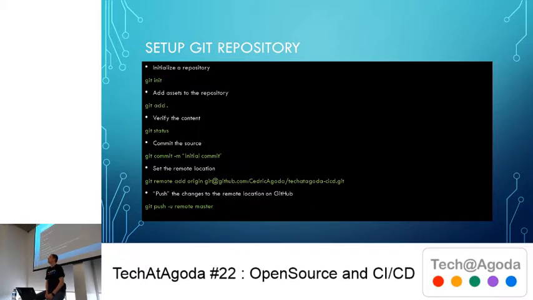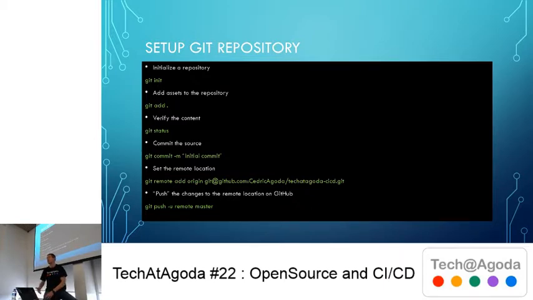Within the folder where you created this application, we can type these basic commands, or if you have a UI tool, you can just do the same if you're familiar with Git.